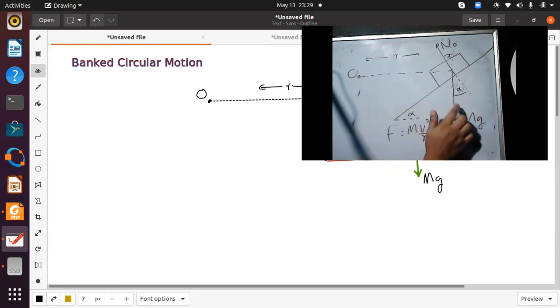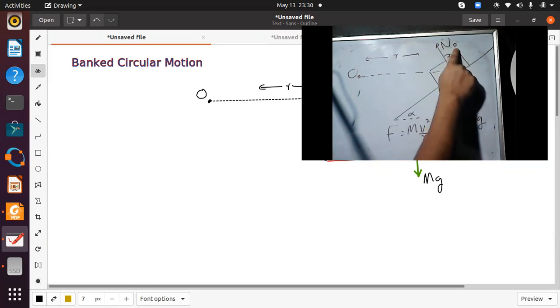In this case, we studied that the required centripetal force is supplied by the horizontal component of the normal force. If you look at this diagram, you can see this is an inclined plane with an inclination of alpha, and there's a moving vehicle here, and this is the weight acting on it, and this would be the normal reaction.